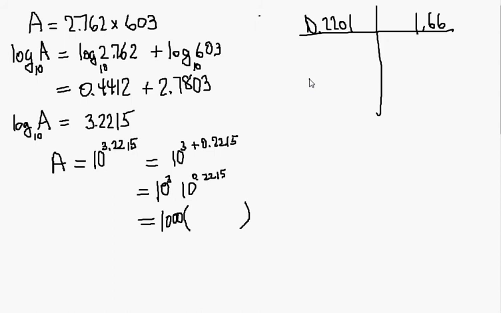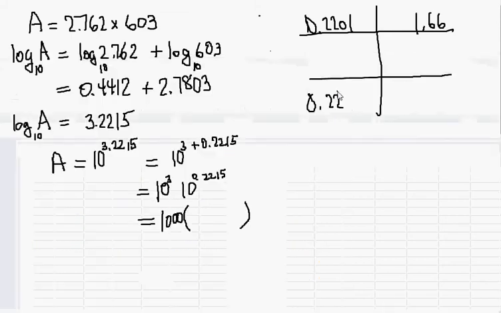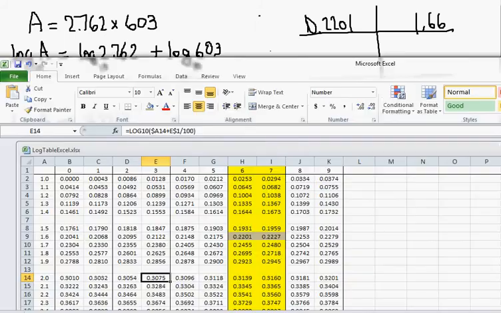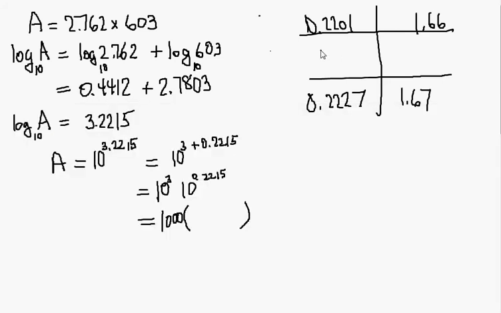The other mark that I care about is 0.2227, and that corresponds with 1.67. Let me pull this back up, make sure I copy that right. 2201 is with 1.66, 2227 is with 1.67. Okay, now the one I care about is 0.2215.